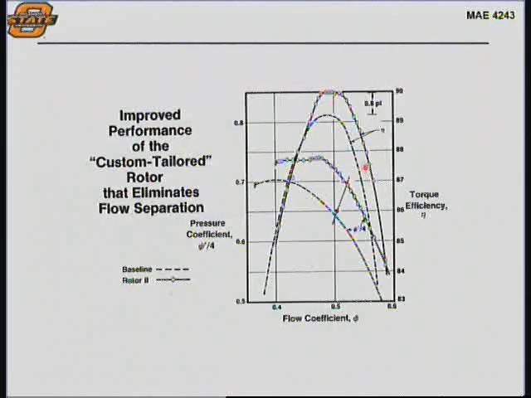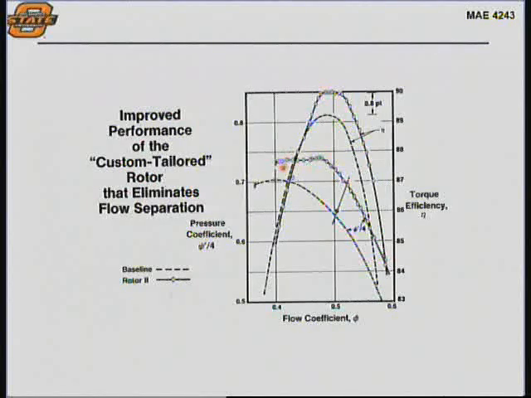Now, this curve here goes with the pressure coefficient line on the left here. On the right, the efficiency is this dashed line, and this goes to the right-hand side here. By doing a tailored design, where I've gone in and changed the aerodynamics of the airfoil, I get this new line here for this rotor 2, which happens to be a custom tailored rotor.